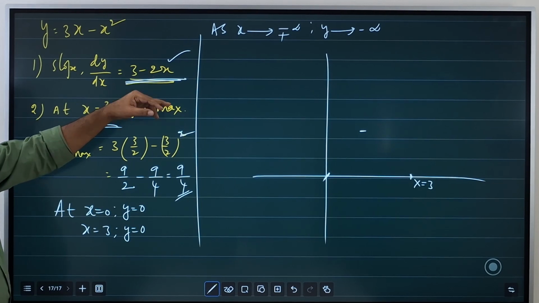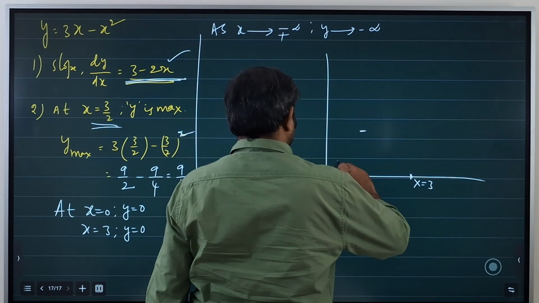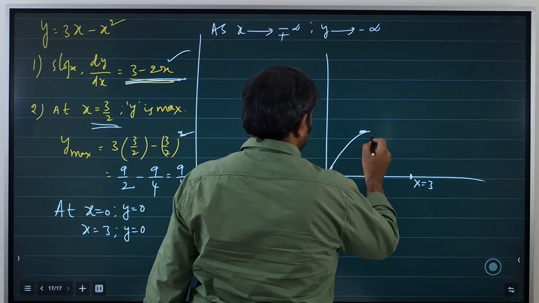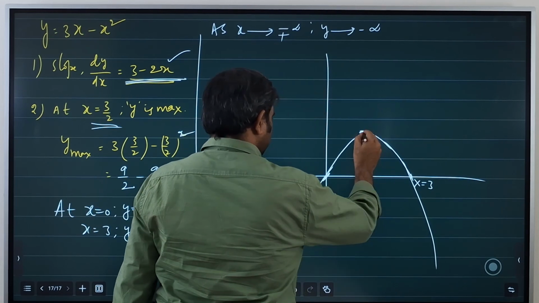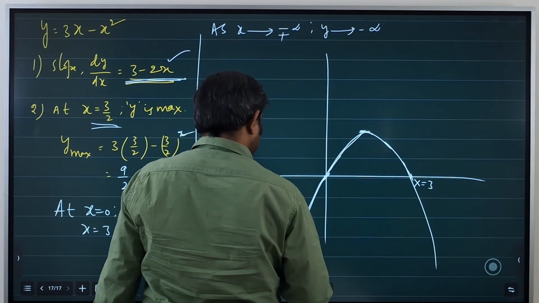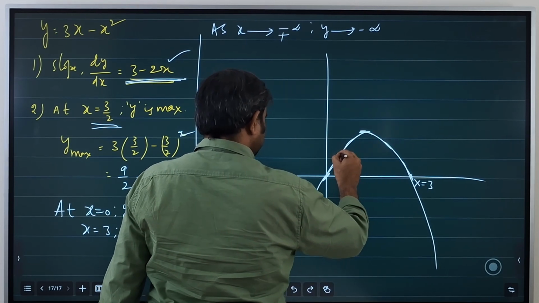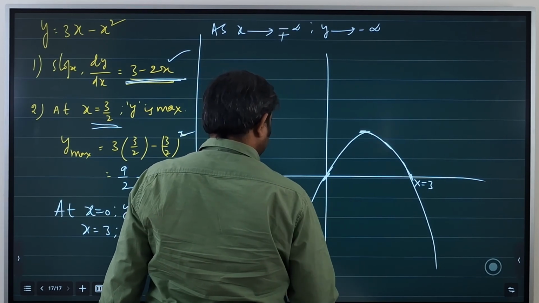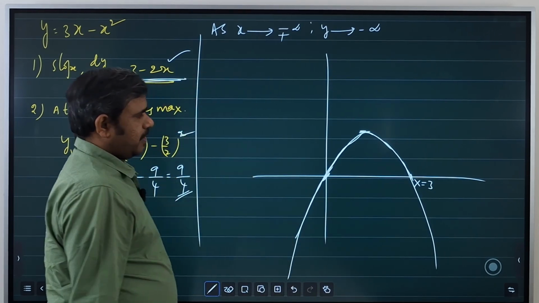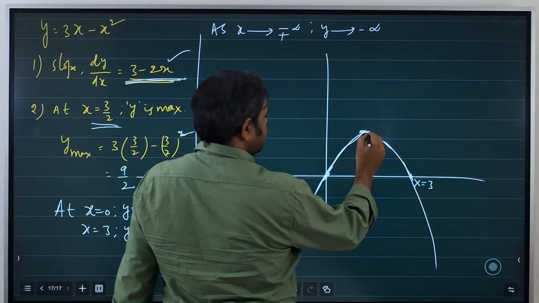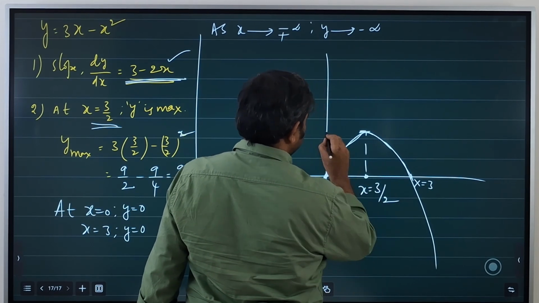For x greater than 3 by 2, slope is negative, but its magnitude increases. So the graph comes like this. It's not a straight line graph because slope is not a constant. This is how the graph will be. At x is equal to 3 by 2, y is maximum.